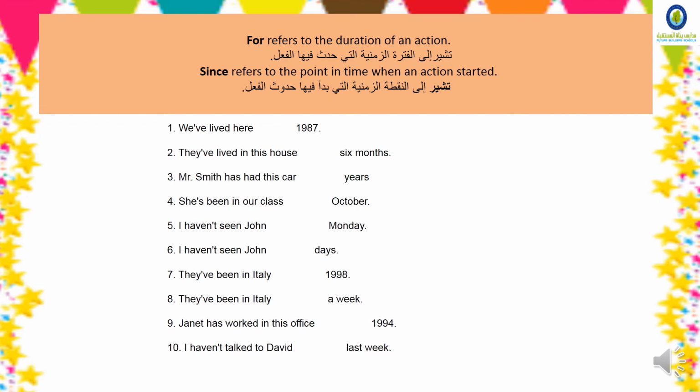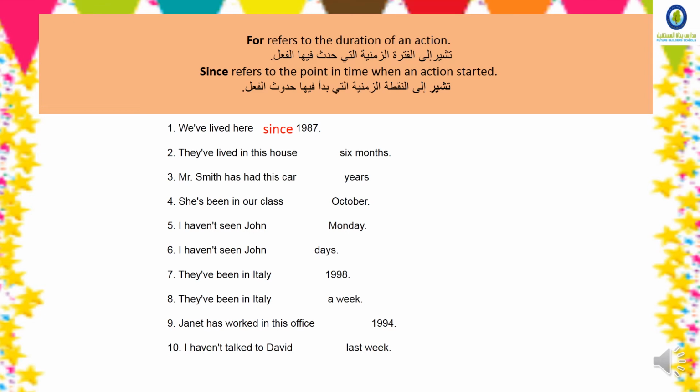We've lived here 1987. منقول لعام أو لمدة 1987 ولا منذ عام 1987؟ أكيد هي since لأنه when we have the year itself اللي هو from which year did the action start، من أي سنة، since 1987. لكن لما نقول 3 years 3 سنوات أو a year سنة بنقول for.